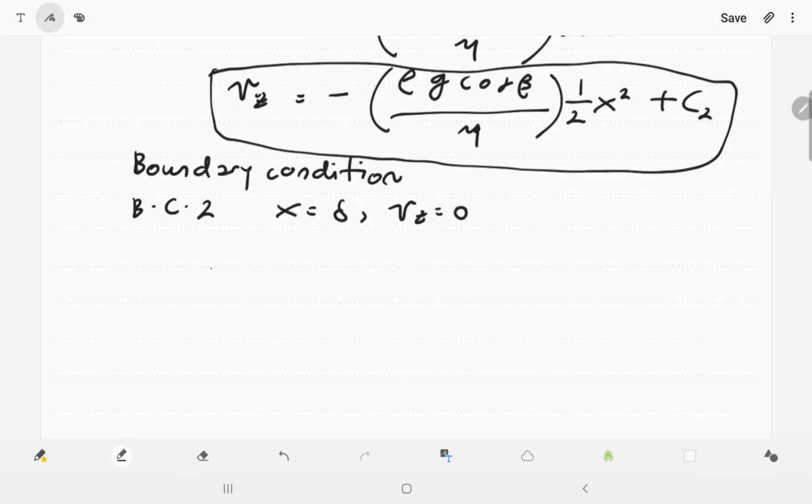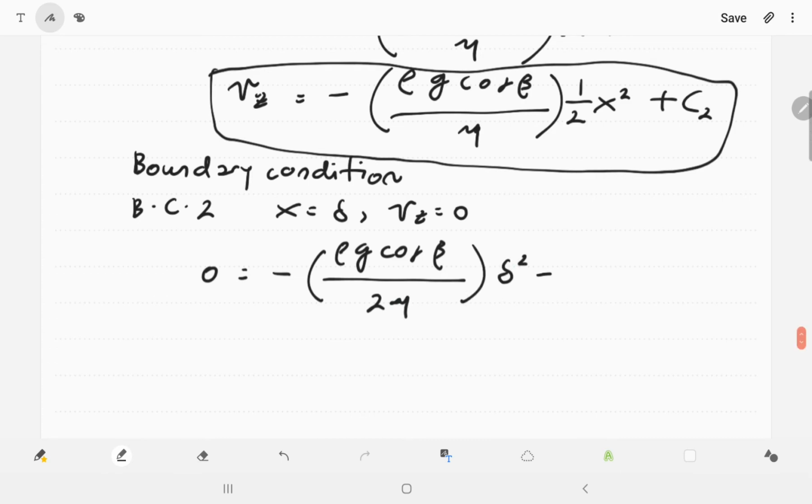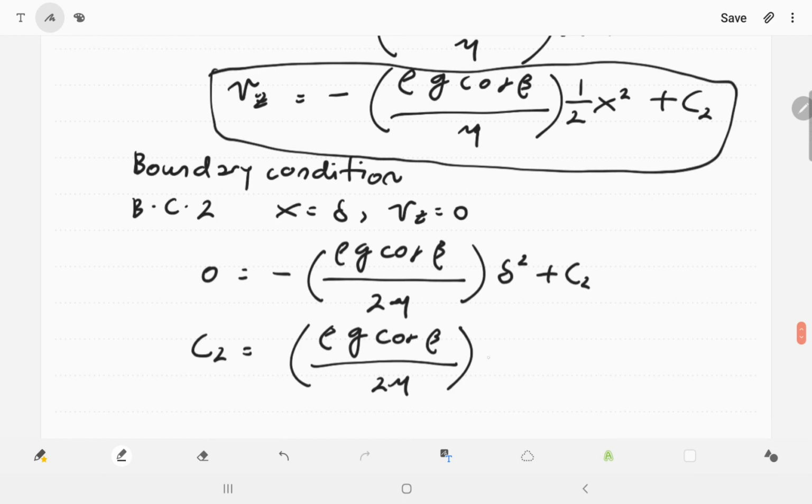If we do that, we get 0 is equal to minus rho g cos beta divided by 2 mu, this squared, plus C2, and then your C2 will be equal to rho g cos beta divided by 2 mu, this squared.